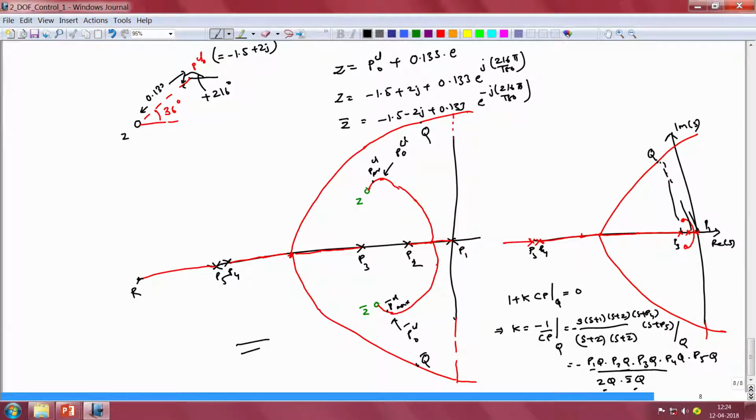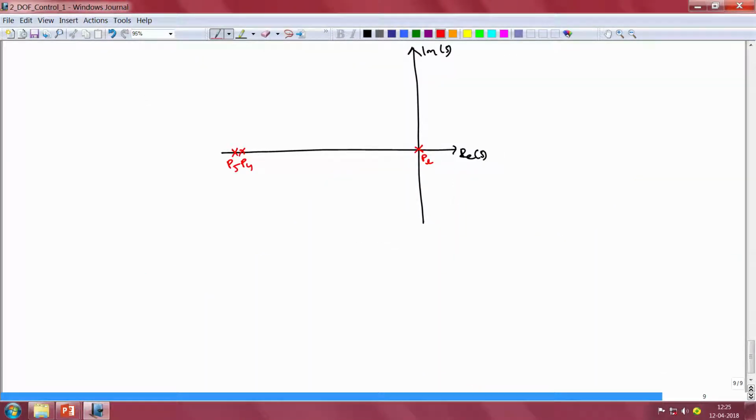So for all practical purposes I can replace the 3 poles and 2 zeros near the origin with just a single lumped pole. So in this schematic I have now replaced the 3 poles and 2 zeros which were near the origin with a single lumped pole, which is how this combination would appear for the point q, which is on the branch of the root locus that is very far away from this combination of poles and zeros.